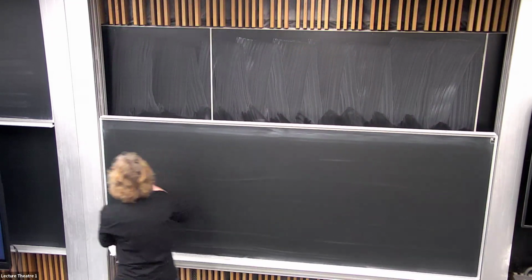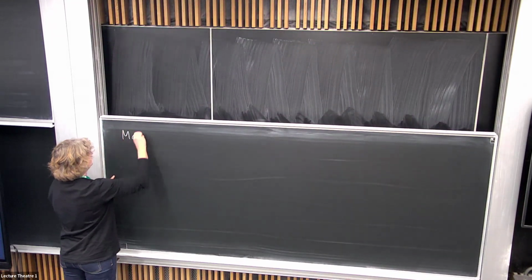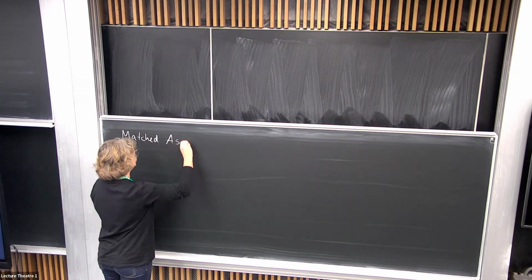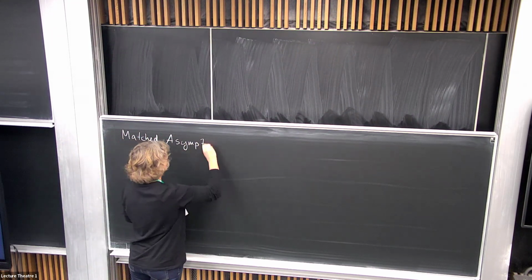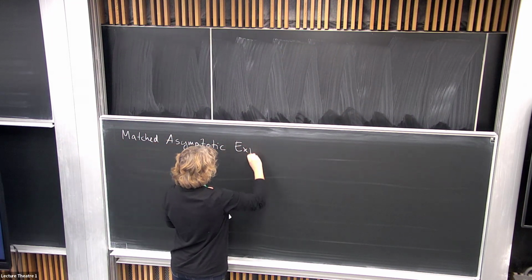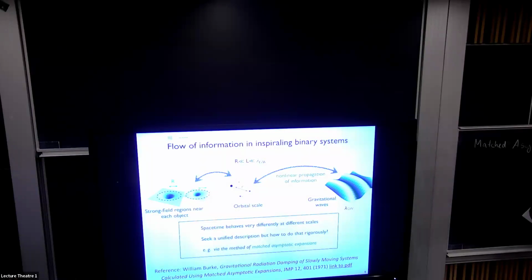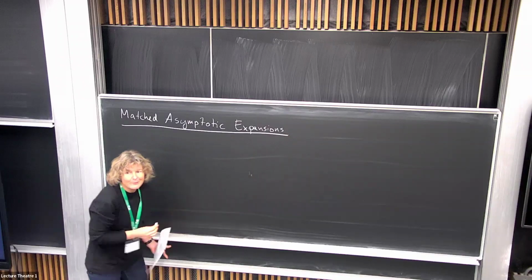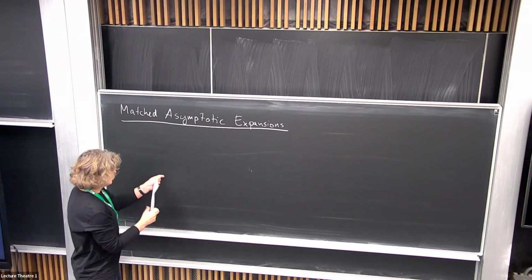So let's start with the basic idea of matched asymptotic expansions. We'll do a simple example. Maybe it is too simple, but it really illustrates the basic idea.